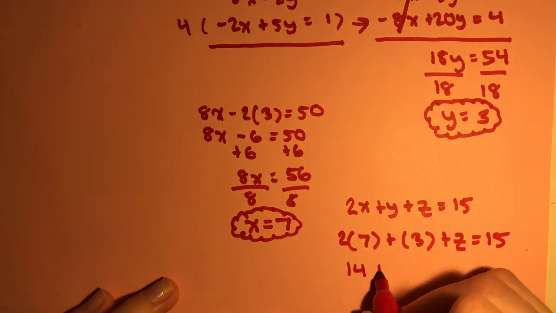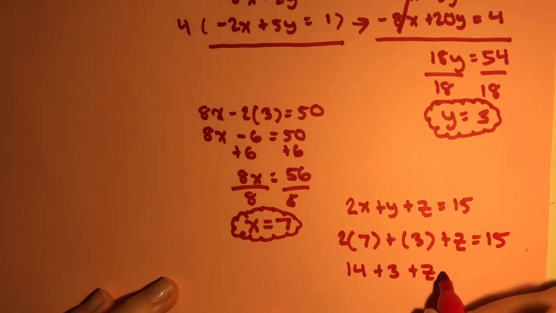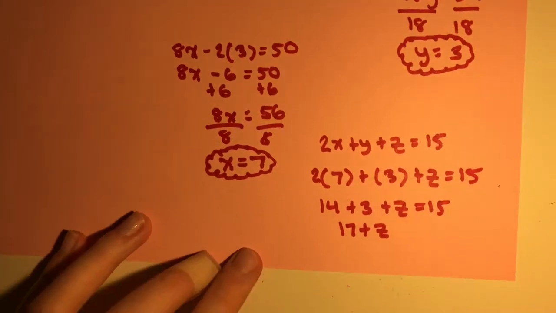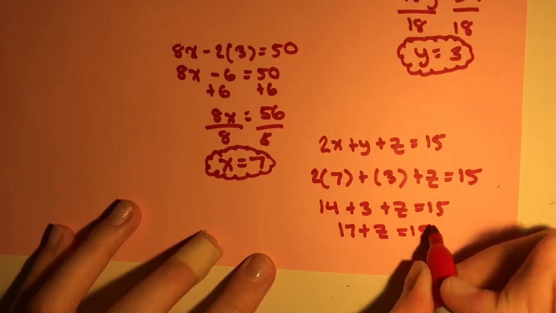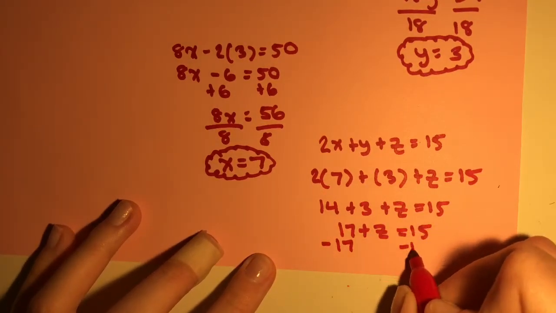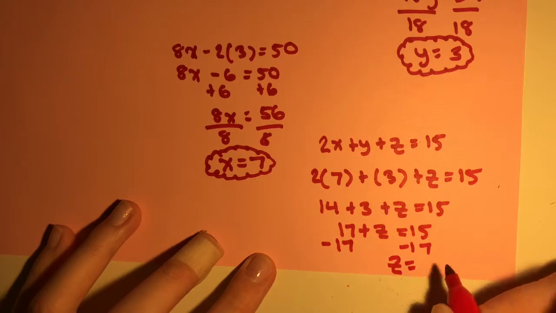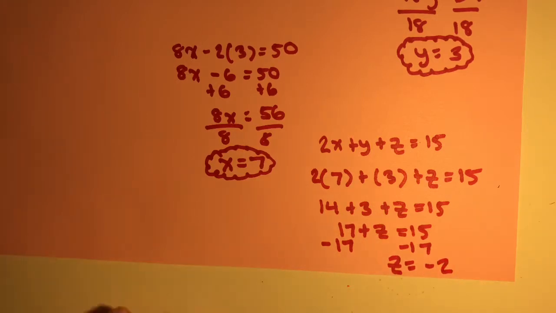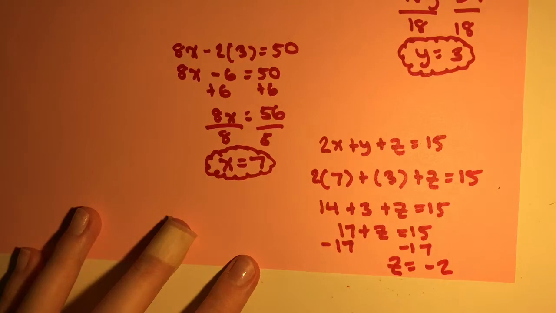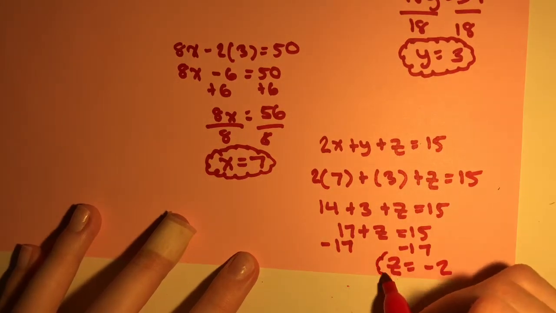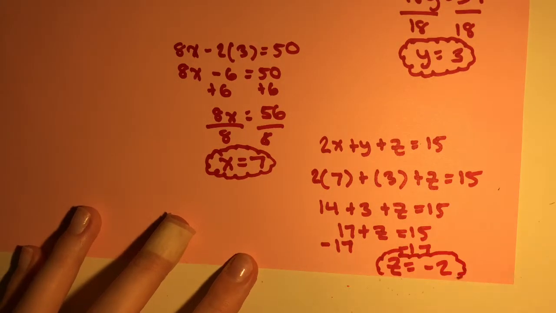We have 14 plus 3 plus z equals 15. 17 plus z equals 15. Subtract 17 minus 17. We are given z equals -2. Okay, we are going to cloud this.